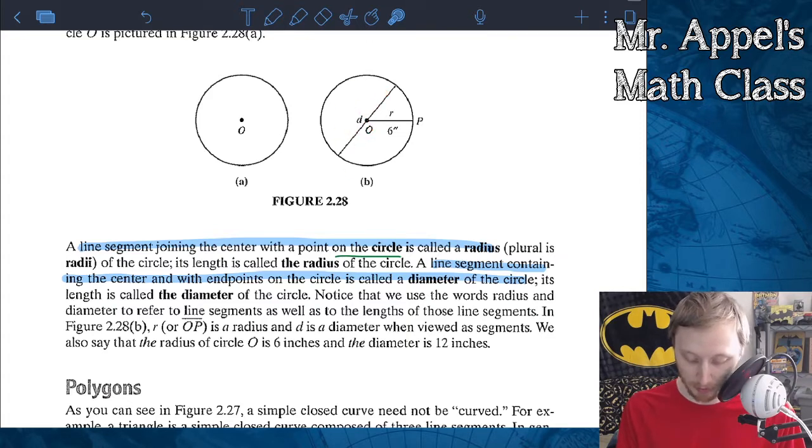So you can't say the radius of the circle is 6 inches. Well, which one? Is it this one? Is it this one? They're all the same. In figure 228b, R, or segment OP, is a radius and D is a diameter when viewed as segments. We also say the radius of circle O is 6 inches and the diameter is 12 inches because those distances will always be the same no matter which way you actually draw your segments. Okay? That's circles.